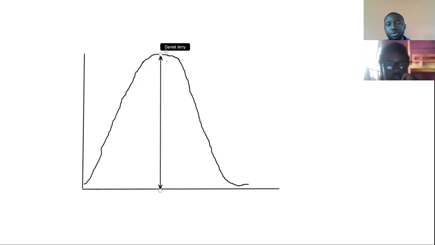And once it is broken down, then new products are formed. I'll call this the reactant and this the product. But this activation energy must be overcome.